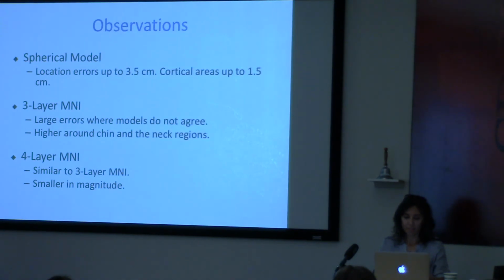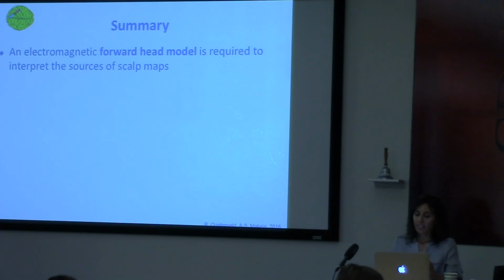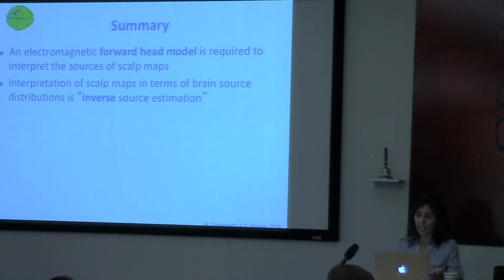So my summary is, for correct source localization, we need to have an electromagnetic forward head model. And source localization is estimating the source distribution using the measured EEG.